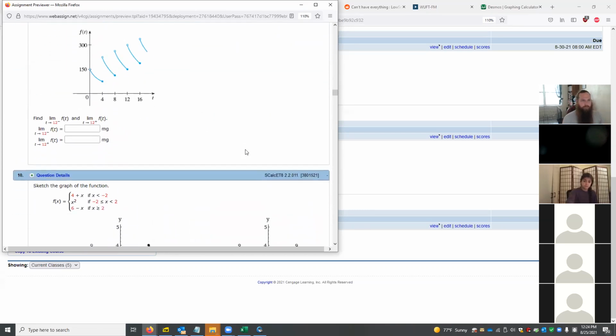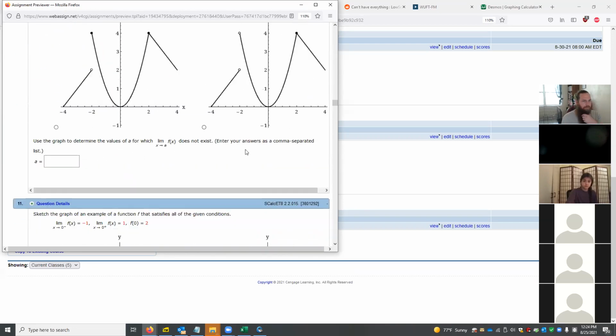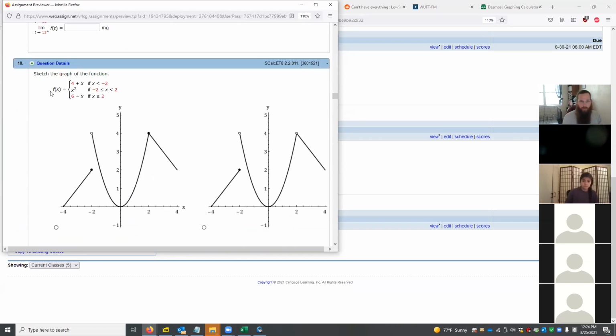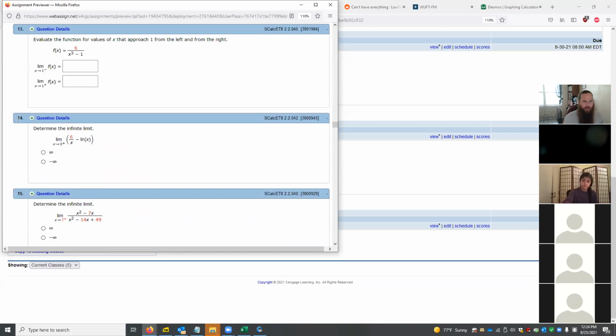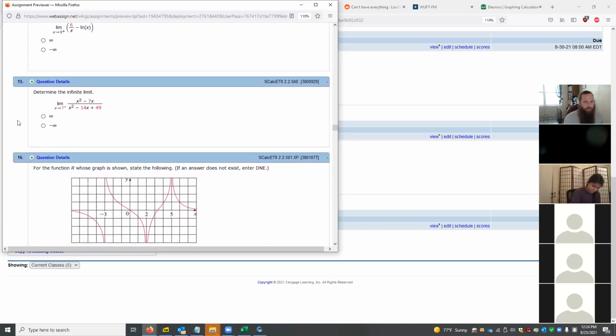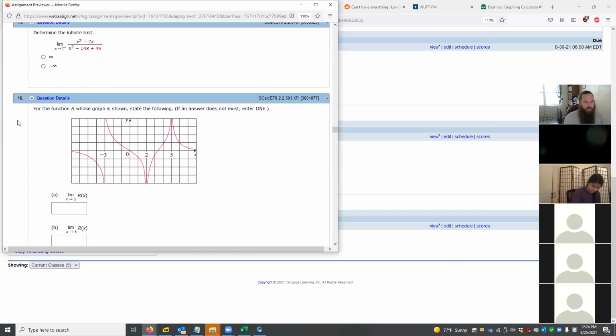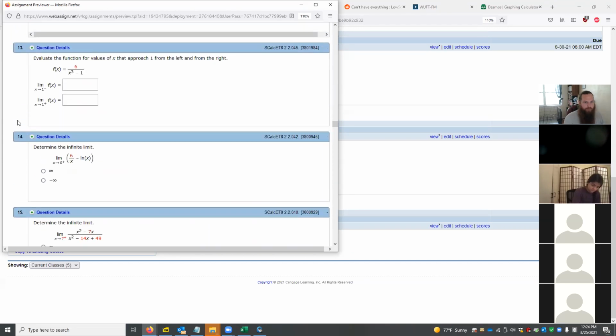I would say, especially if we want to work on piecewise functions, try to knock out at least through problem 10 by Friday. And then the remainder of these.